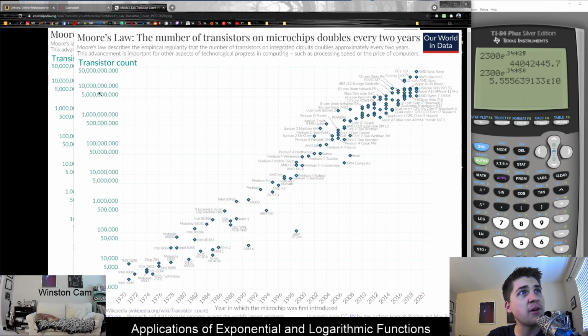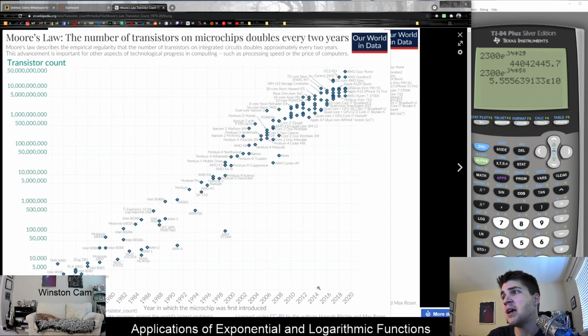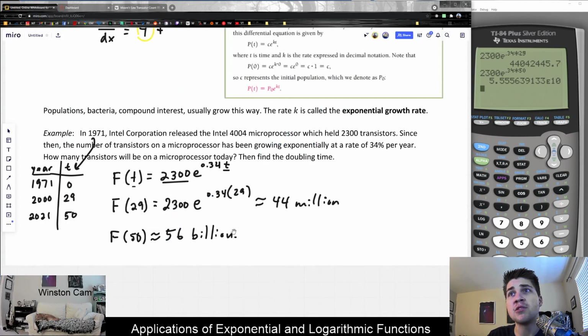And this is often what we call an exponential graph, where it's using powers to describe the scale of those numbers. And notice that in 2020, the number of transistors on a microprocessor is in the range of about 50 billion, which is remarkably on point with this exponential growth function.